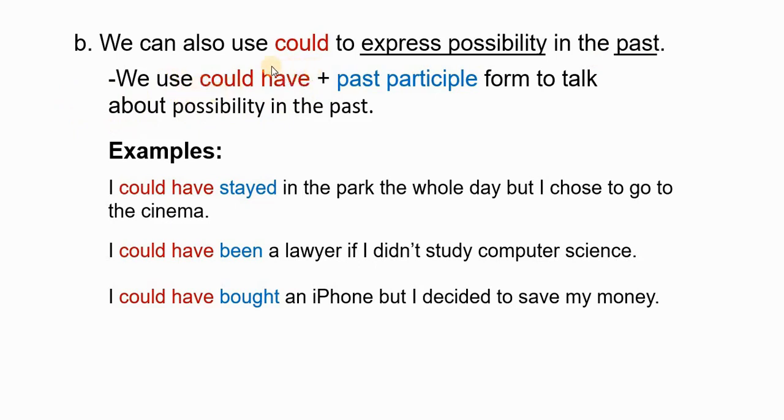This time we add have, and it's followed by the past participle and not the base form. So it's could have plus past participle form to talk about possibility in the past.